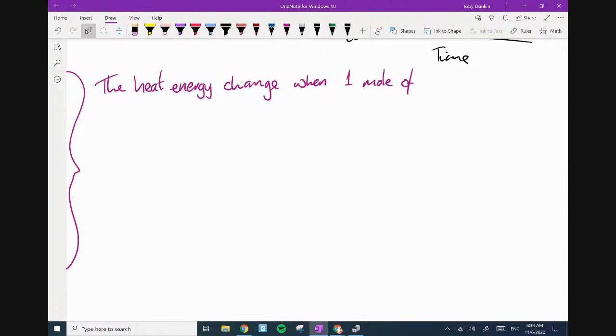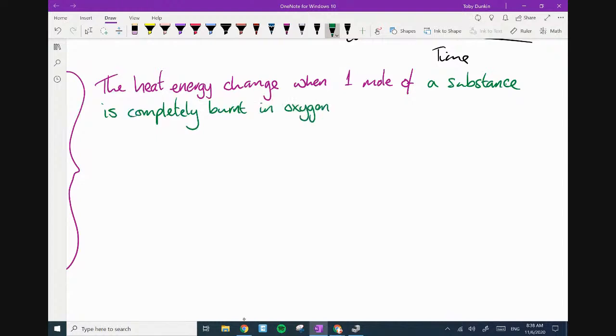The heat energy change when 1 mole of, let's do combustion, a substance is completely burnt in oxygen to form CO2 and H2O only.